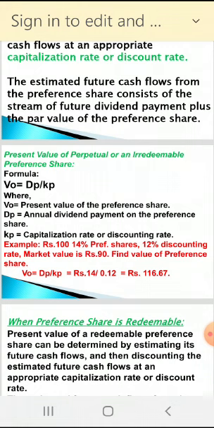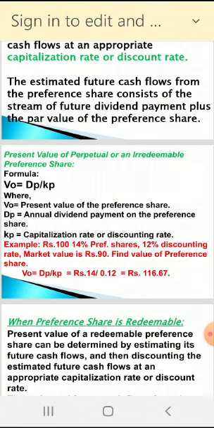Only two things are needed: dividend in rupees and discounting factor or required rate of return. Simple example we are taking: rupees 100, 14% preference share, 12% discounting rate, market value is rupees 90.